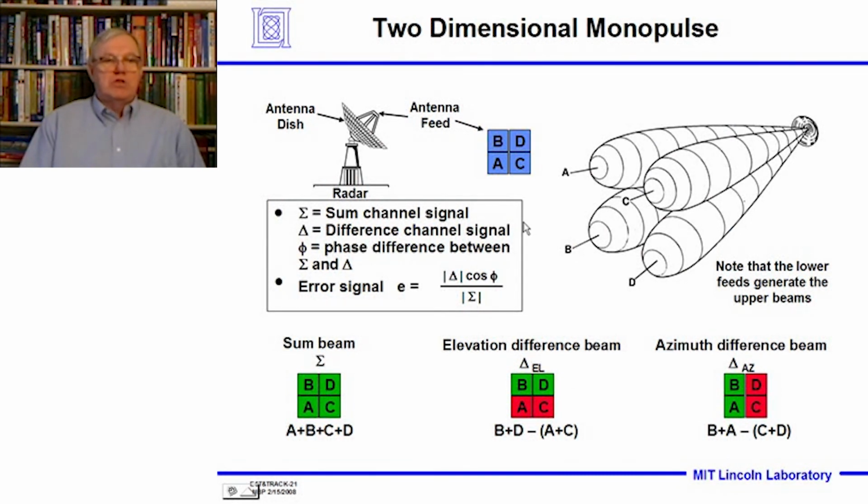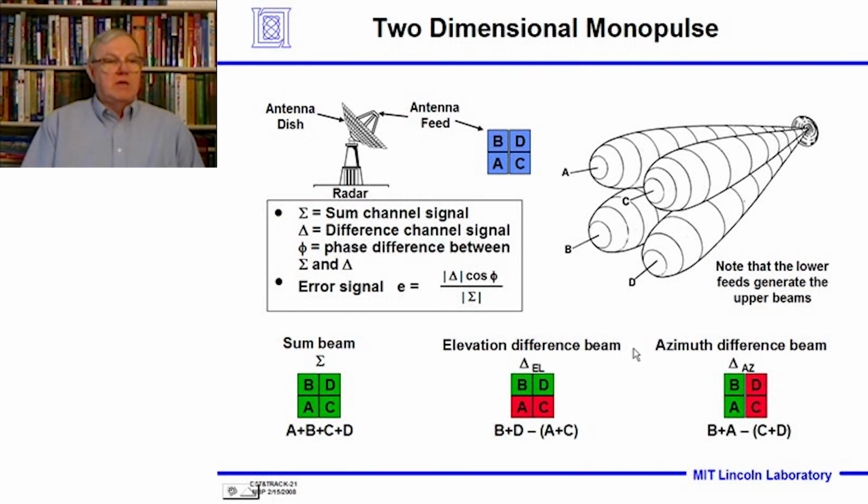I've shown you just in one dimension how we do this. We can do it in 2 dimensions. We can have 4 feeds instead of just 2. I showed you 2 side by side for azimuth monopulse. But if you do 4, from the 4 you generate the sum signal by adding the A, B, C, and D channel. And these are the locations of feeds at the focus of a parabolic dish.